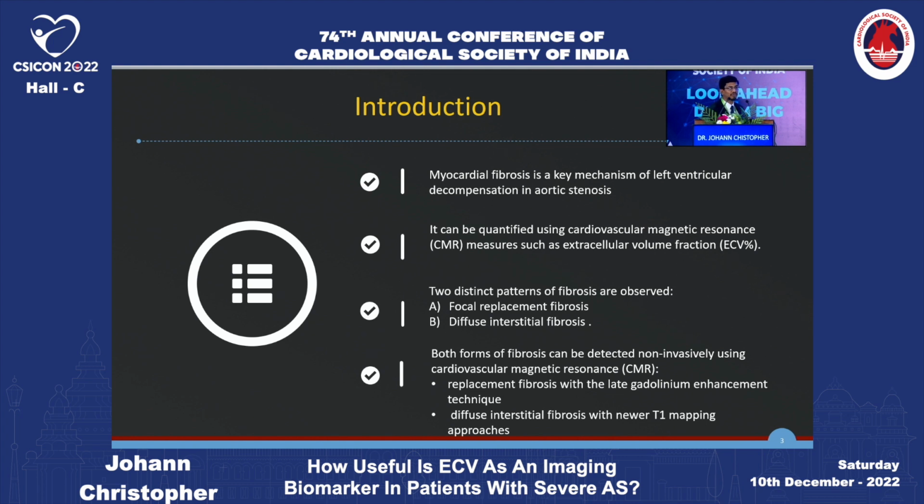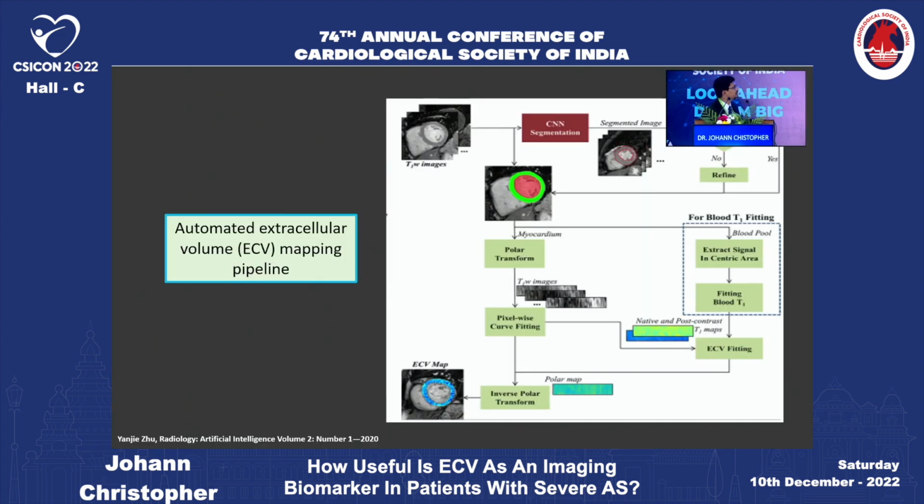Now, both forms of fibrosis can be detected by MR. And the first one, the replacement fibrosis or cell death, is measured by the gadolinium enhancement, and we know that it is irreversible. However, the second one, or the matrix involvement, is detected by the newer T1 mapping techniques, and we believe that the early use of SAVR or TAVR, as Dr. Govind has already talked about, can bring about a reversibility.